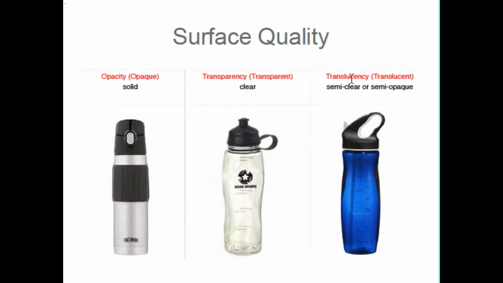Compare that to a translucent surface such as this. We can see through this, but there's also color. So light transmits through the surface, but there's also reflection and absorption, and we know that because there is color on that surface. So unless the surface is absolutely clear, there is pigment. Sunglasses and tinted windows do this. They are translucent.